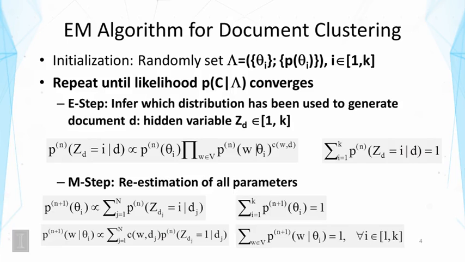And so this is proportional to the sum of the probability of Z sub d_j equal to i. And so this gives us all the evidence about using topic i, or theta_i, to generate a document. And we put them together. And then again, we normalize them into probabilities. And so this is for P of theta sub i.